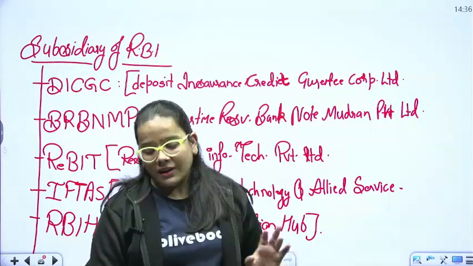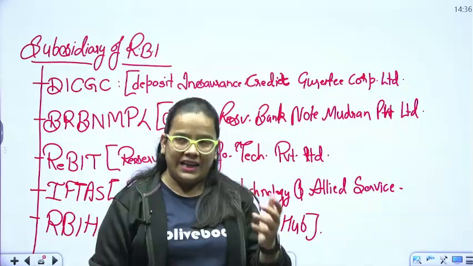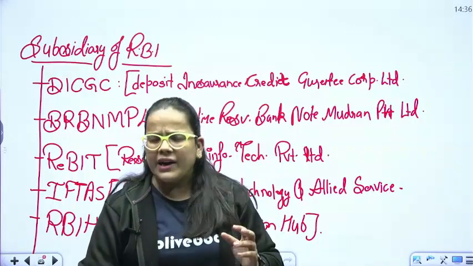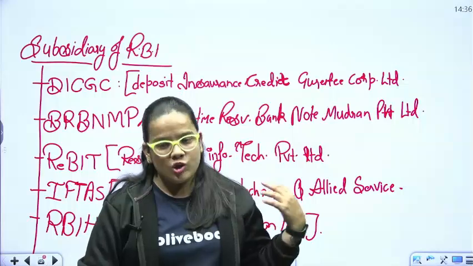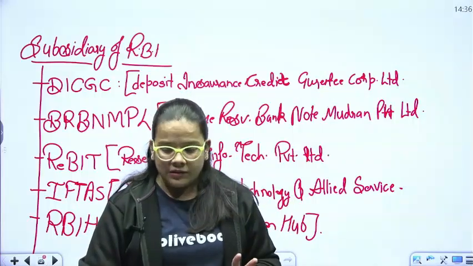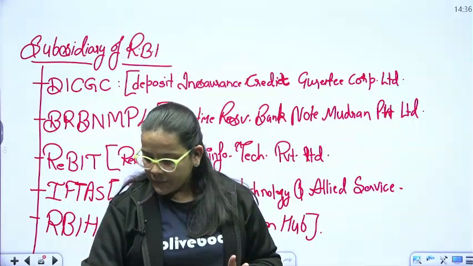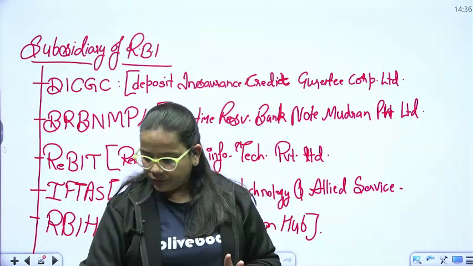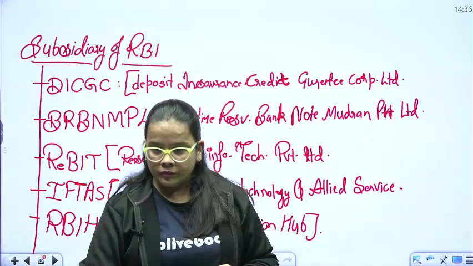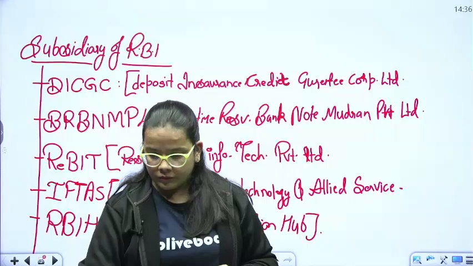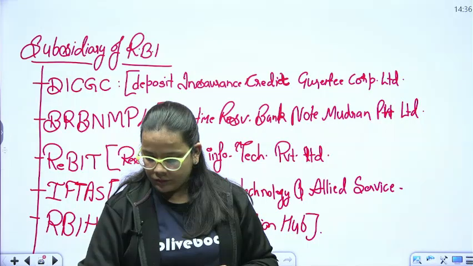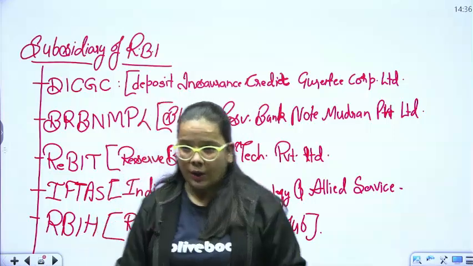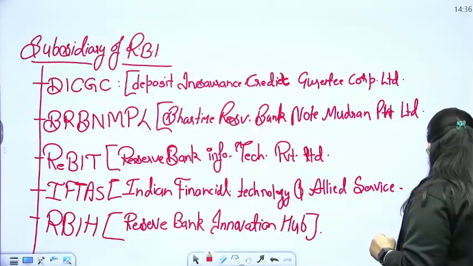Okay, but still I'm going to at least cover the establishment part and some basic information of these subsidiaries. Are you okay with this? So for example, let's start with DICGC especially.